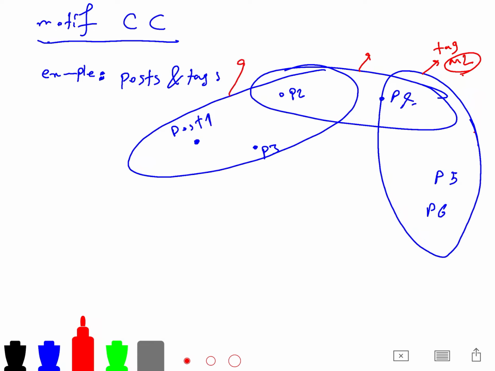For example, this is tag computer science, and this is tag computer science and ML, for example, if they have an intersection, but here we don't have any intersection of them.